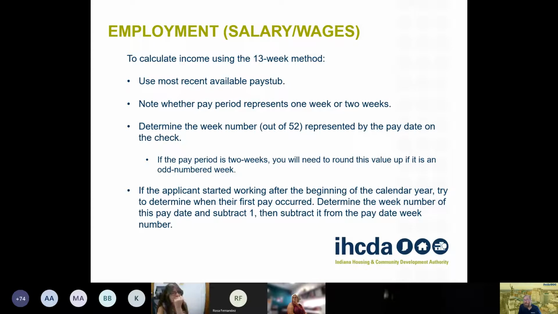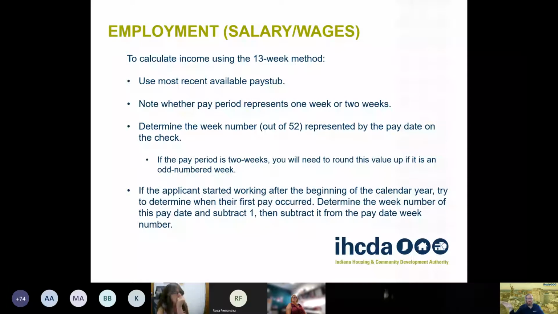If the applicant started working after the beginning of the calendar year, then you need to try to determine approximately when their first pay occurred, determine the week number of that pay date, subtract 1, and then subtract it from the pay date week number. So say they started working 4 weeks into the year.